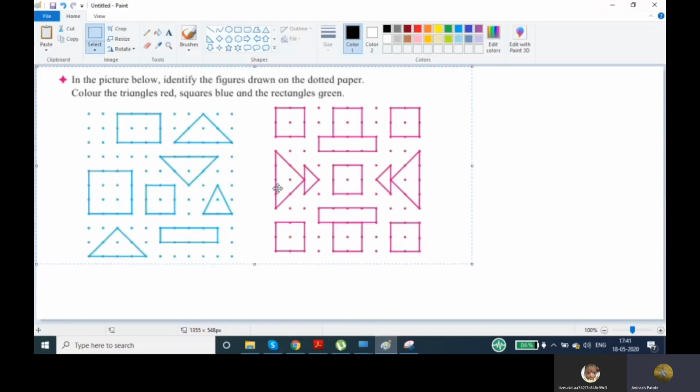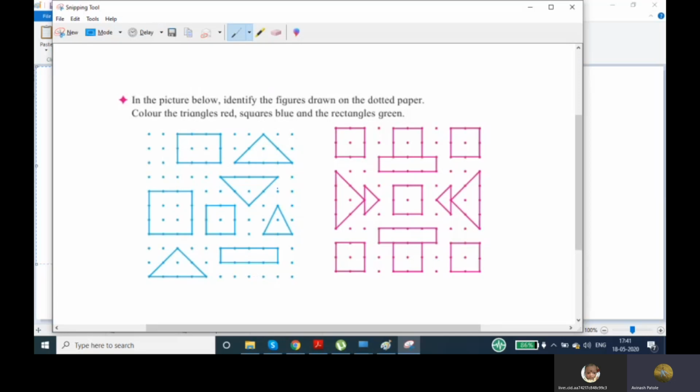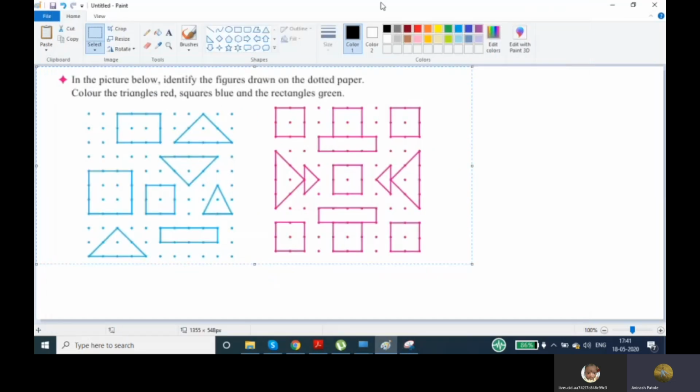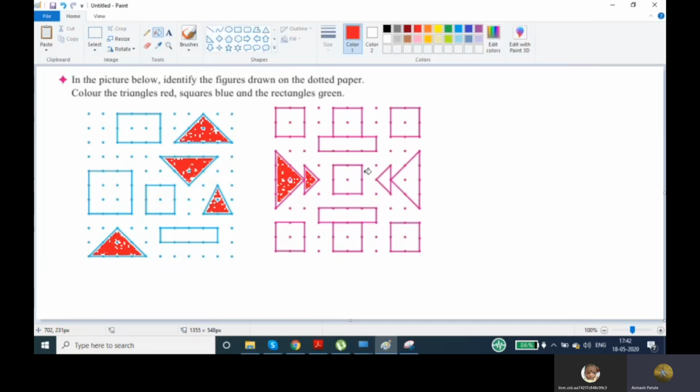So now we are going to do this activity. Let's read again. It says color the triangles in red. So we are going to select color red, and we are going to put color red into all the triangles. So we also see triangles here, right?